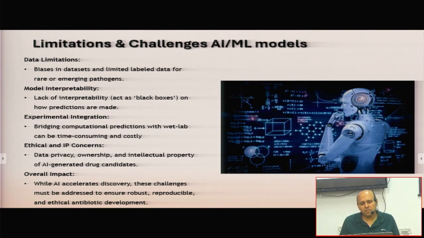Ethical IP concerns, data privacy, ownership, intellectual property of AI generated drug candidates. One of my friends, Professor Cesar from US, he has isolated antimicrobial peptides from the ancient Neanderthals and other humans, right?